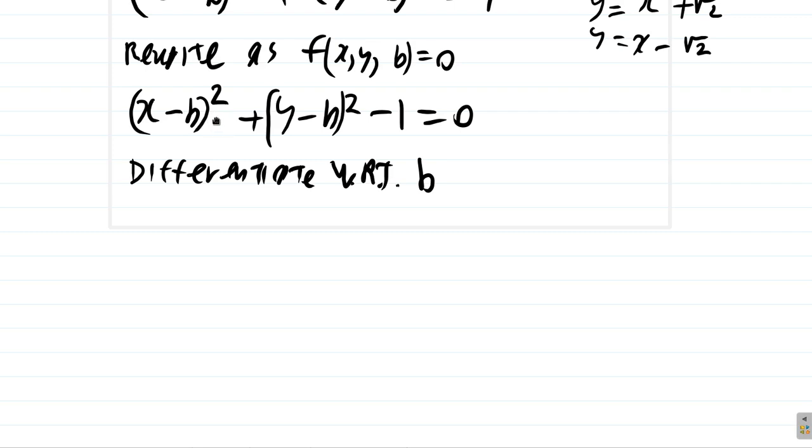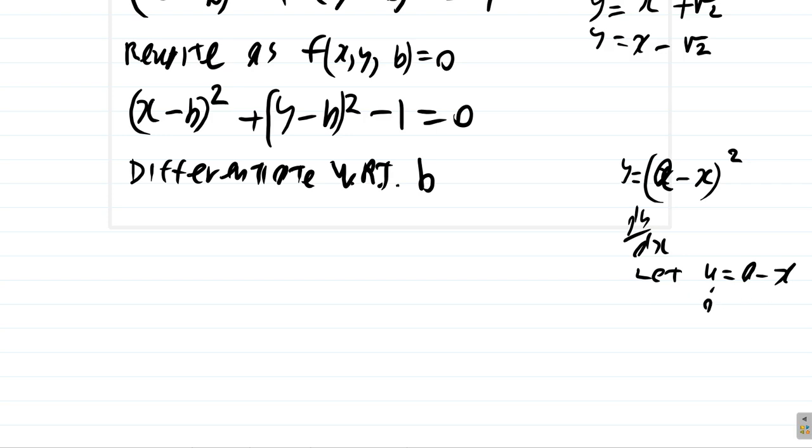Now if you have been practicing the chain rule, you could do it mentally, but just as an aside, just in case, remember, if you have, for example, y is equal to a minus x all squared, where a is some constant, and you're finding dy by dx, you can say let u be equal to a minus x, so that du by dx would be -1, and y is equal to u squared, so dy by du is equal to 2u.